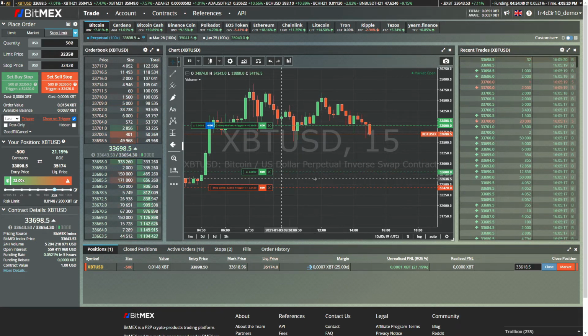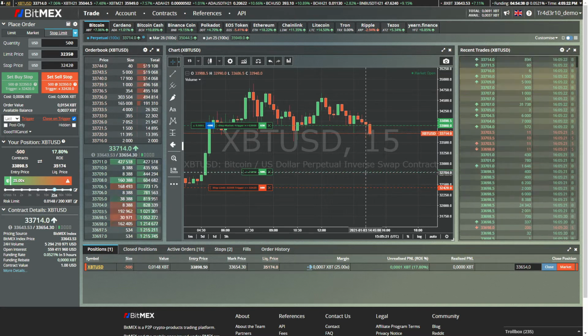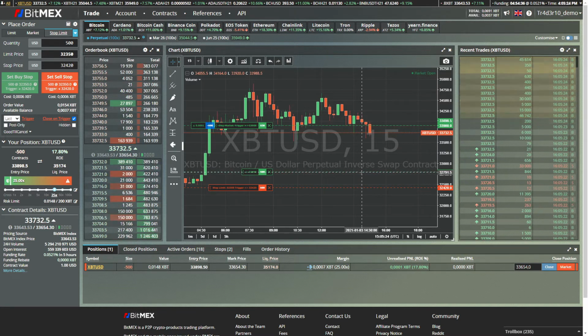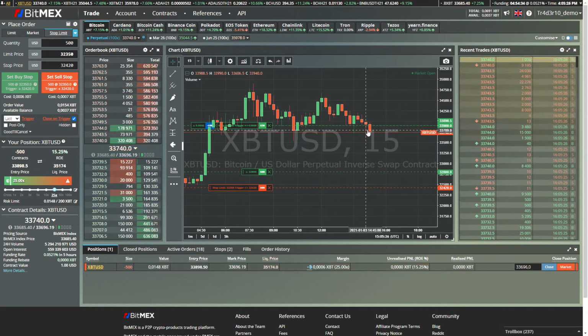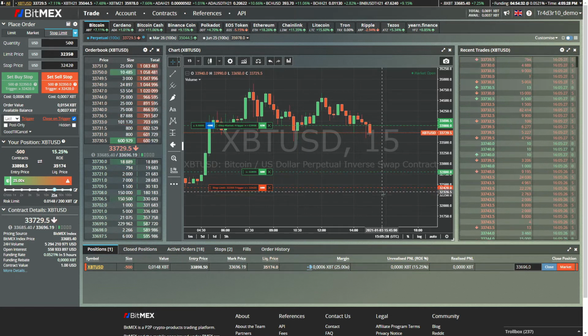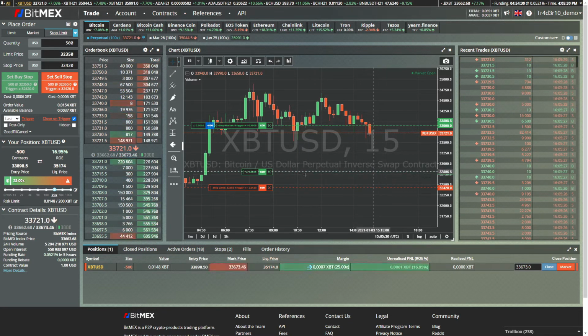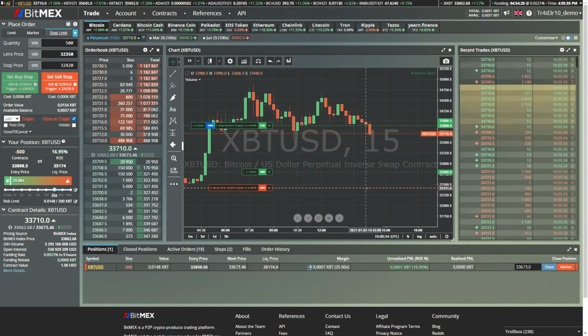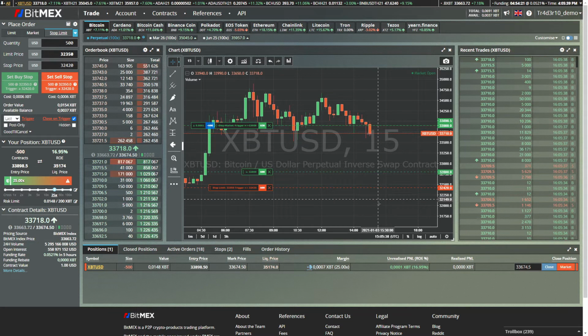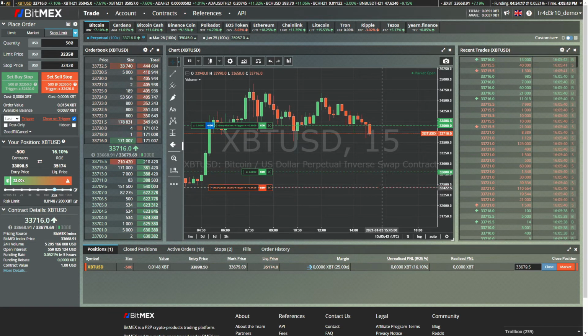So the problem with setting a stop limit with the trigger price and the limit price at the same area here is that if Bitcoin is really dumping and then never bounces up again to this price, your order can actually get skipped. If you just go straight through, then you have to trigger the order, but then it's actually too late already.